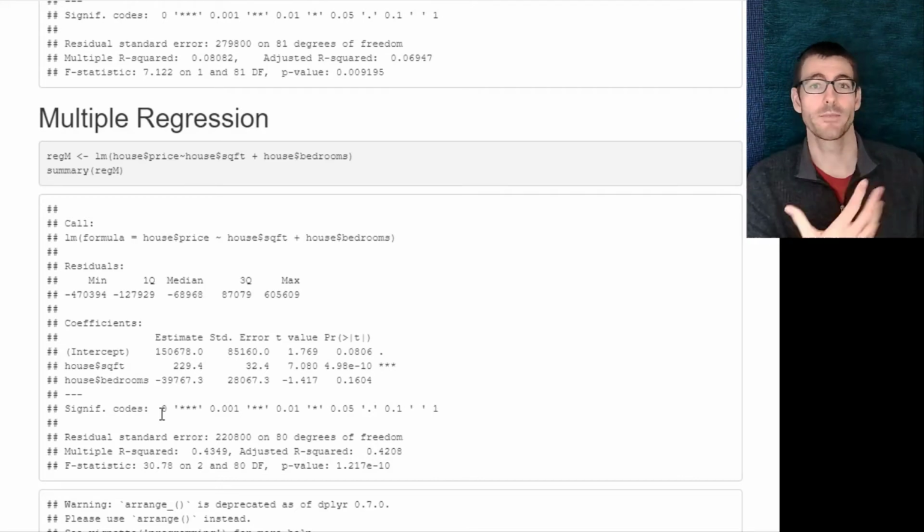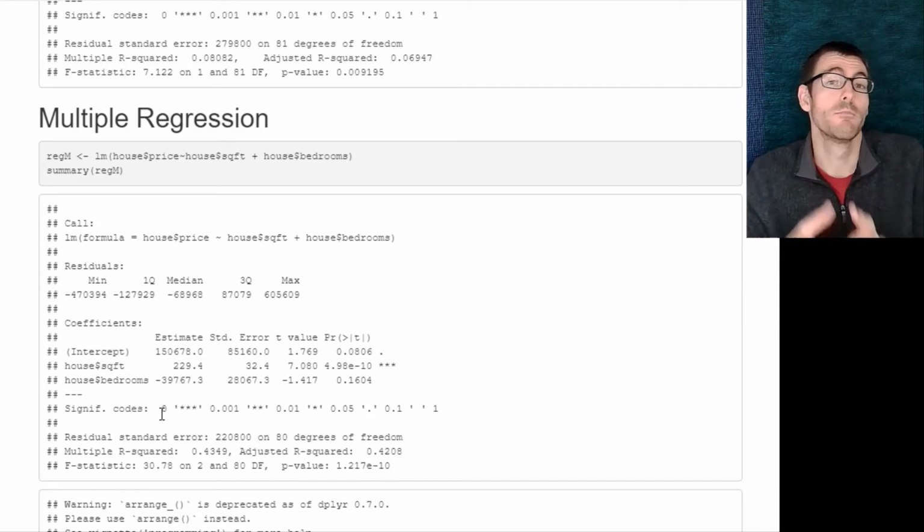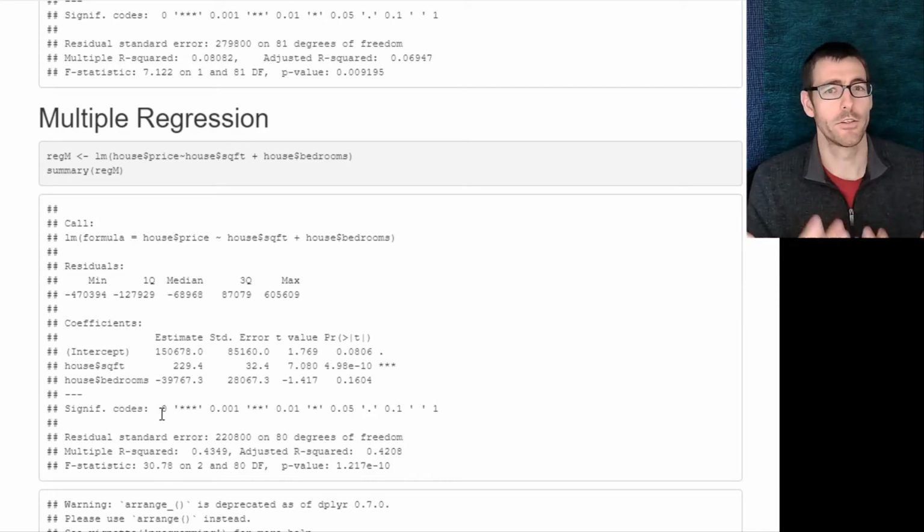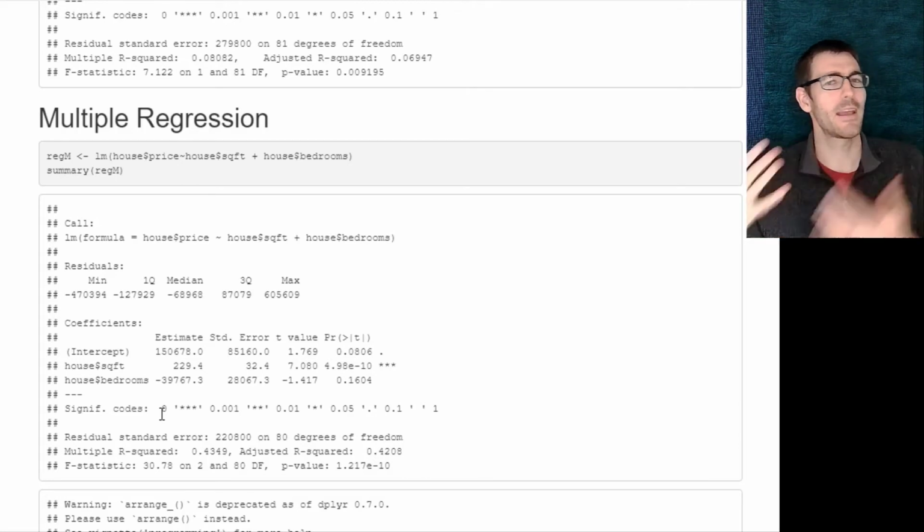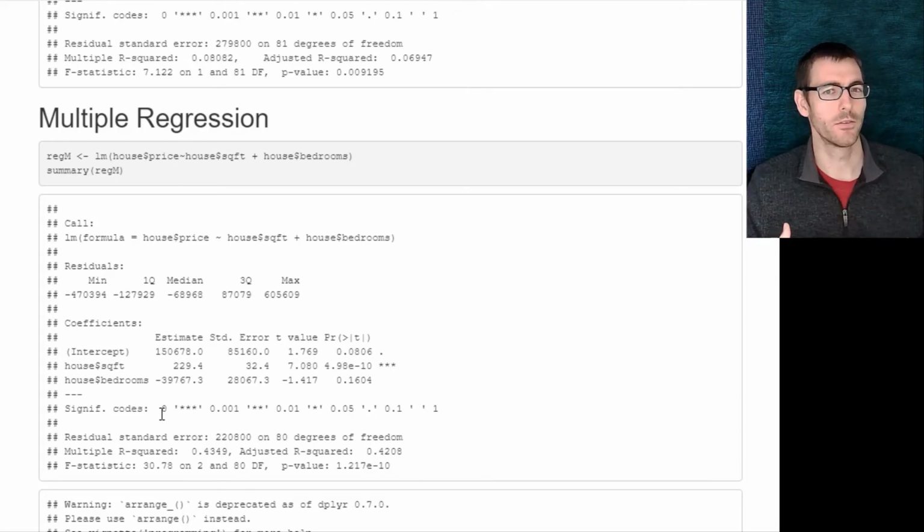More bedrooms means it's more expensive. Why, in this multiple regression, is this coefficient negative, indicating a negative relationship between these two?